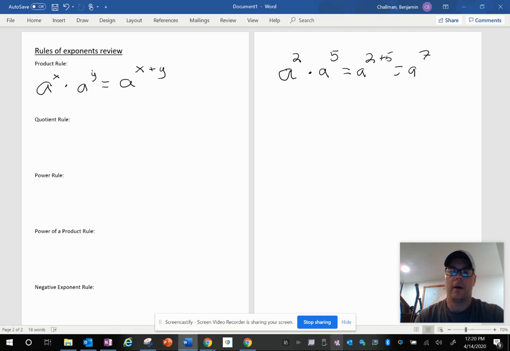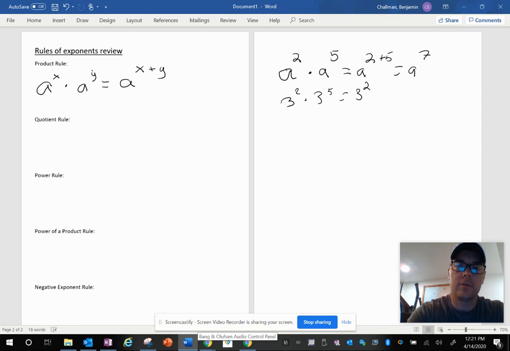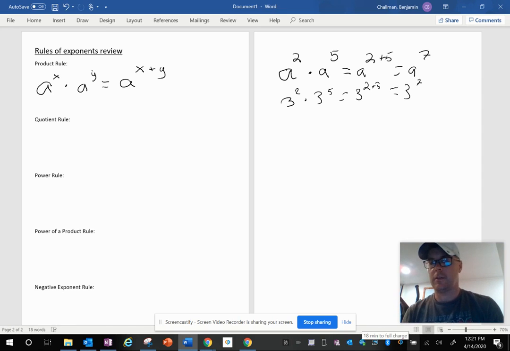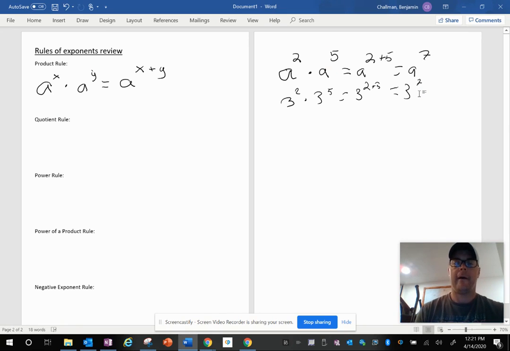Okay, so if you put numbers in here, I could go, for instance, 3 to the second times 3 to the fifth would equal 3 to the 2 plus 5, which would equal 3 to the seventh power. Now, if you do it on the calculator, you can see how these two things are the same here. This thing up here and this thing down here. This whole side, if you multiply all that out in your calculator, it should equal 3 to the seventh power. Okay, that's review for that one.